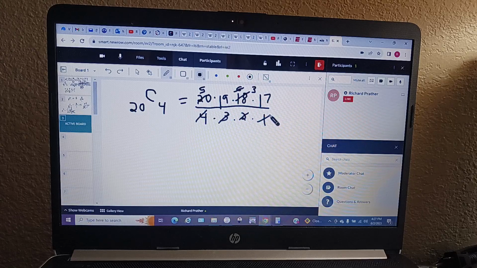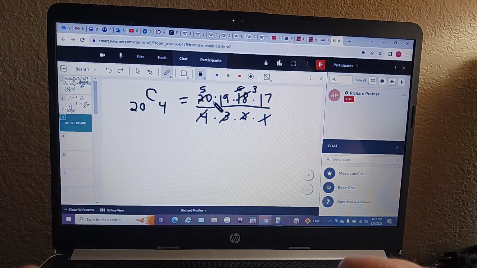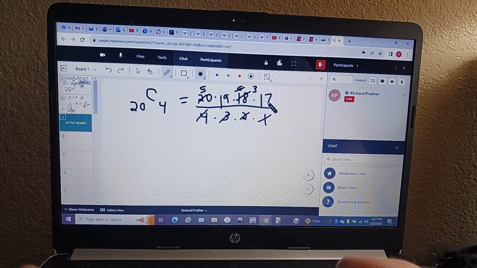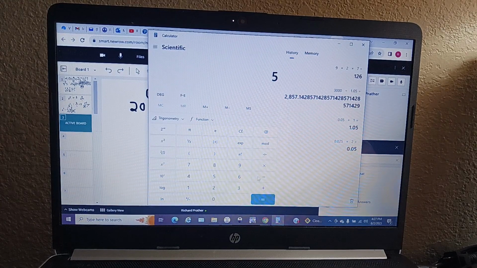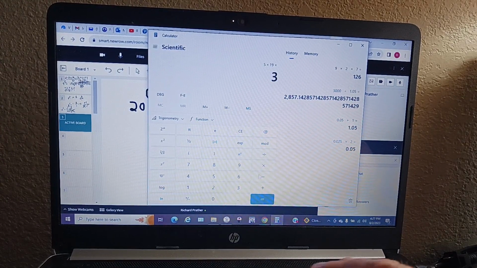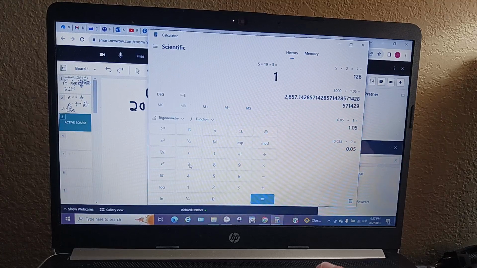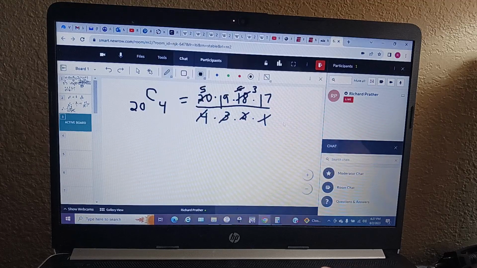So you can often cancel the entire denominator before calculating. All I have left is 5 times 19 times 3 times 17. 5 times 19 times 3 times 17. 4,845.